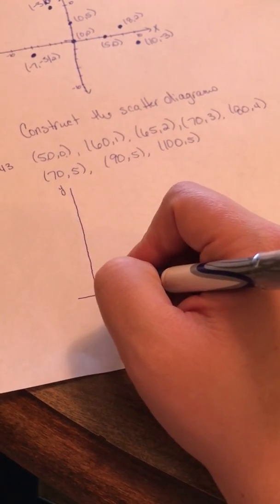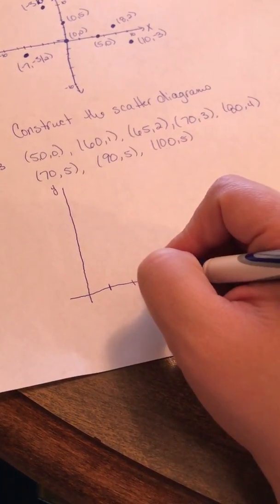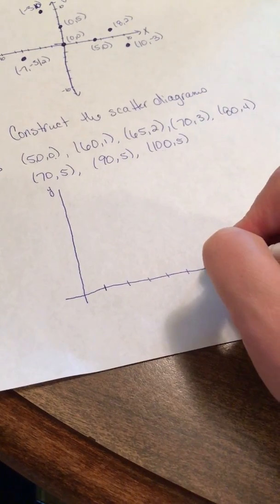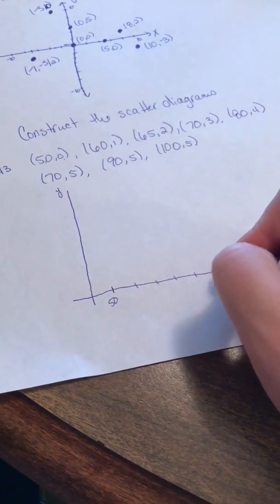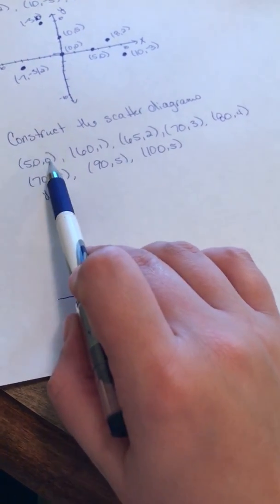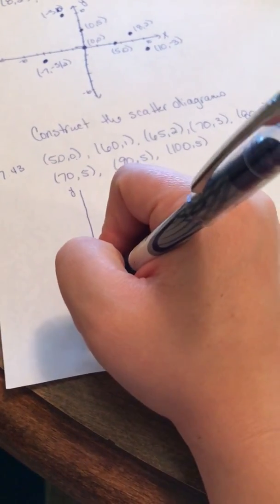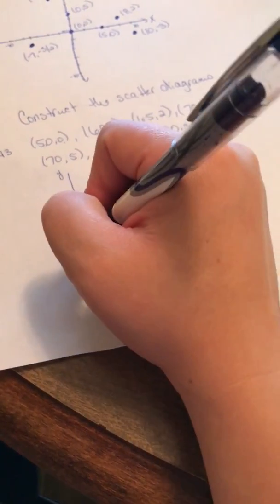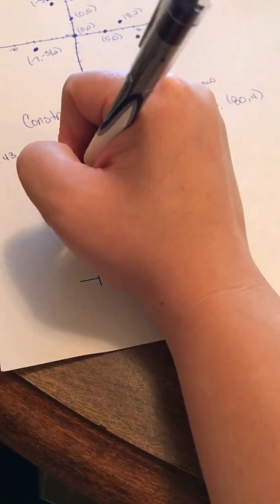Here's 50, then 60, 70, 80, 90, 100. For y's, you probably want to only count by ones. So you've got 1, 2, 3, 4, 5.